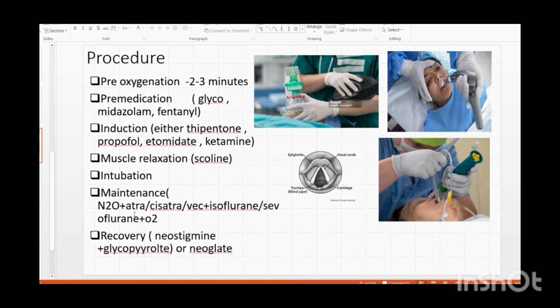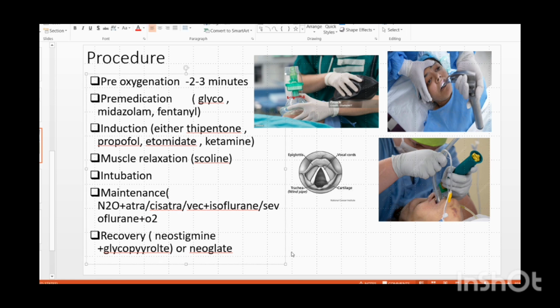And in the intraoperative period, we will maintain the patient with N2O or air plus atracurium or cisatracurium or vecuronium, plus isoflurane or sevoflurane, plus O2. Through these drugs and inhalation agents we will maintain the patient. So once the operation is over, we have to bring the patient back now.